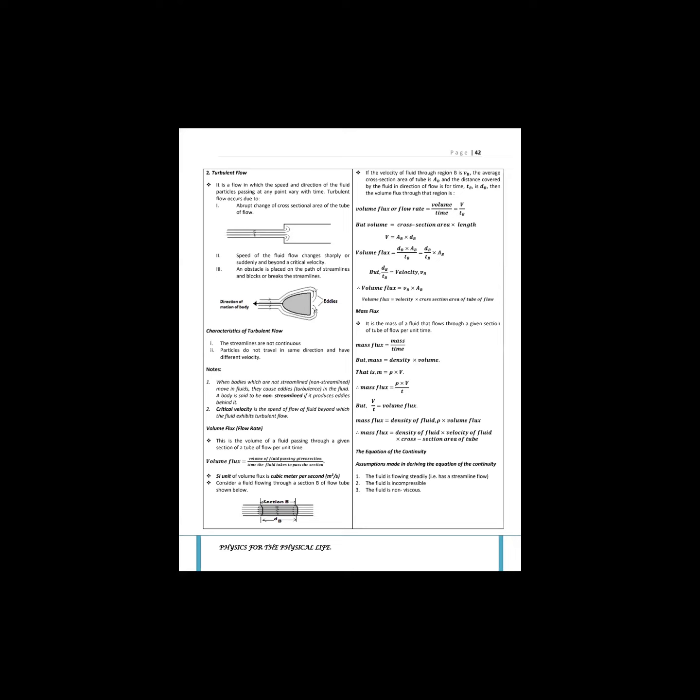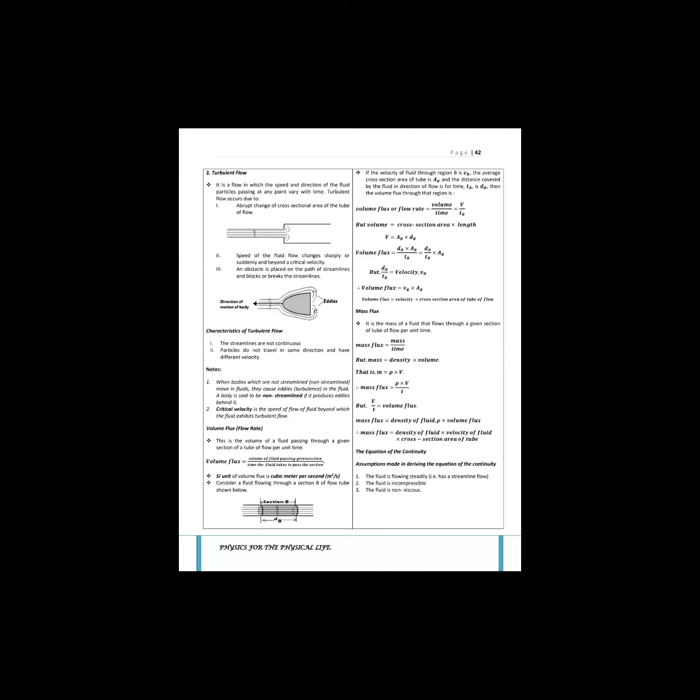And the direction of motion of a body is different from the direction of the streamlines, meaning the flow is interfered with and the time is not constant. We have a varying time because of different cross-sectional areas.